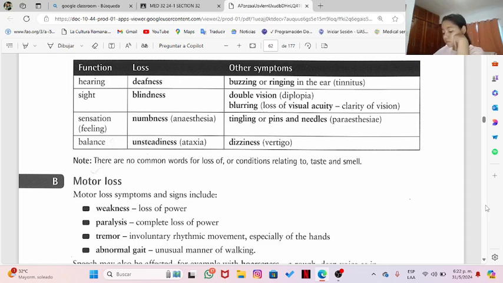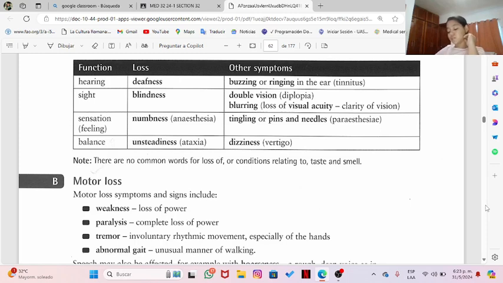Sight: blindness, double vision, diplopia, symptoms like blurring, loss of visual acuity, clarity of vision.